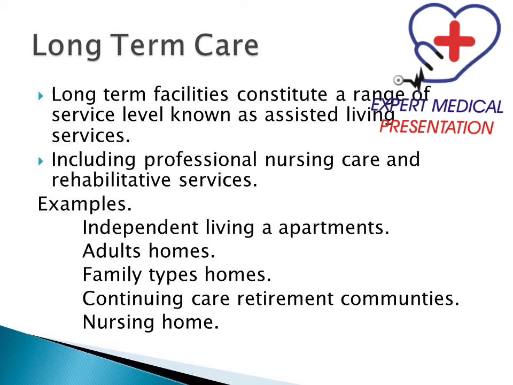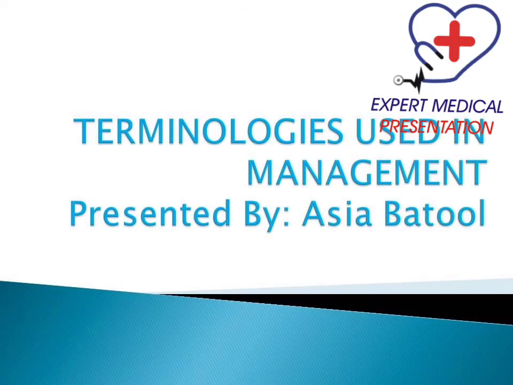Long-term facilities constitute a range of service levels known as assisted living services, including professional nursing care and rehabilitative services. Examples: independent living apartments, adult homes, family-type homes, continuing care retirement communities, nursing homes.